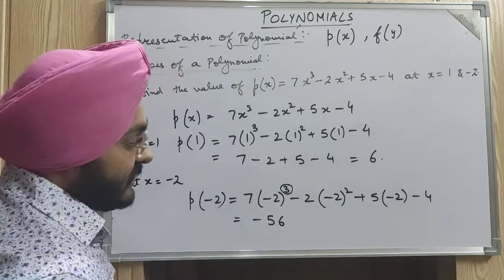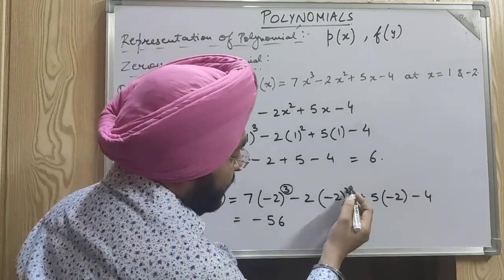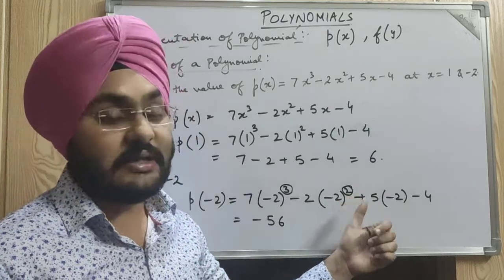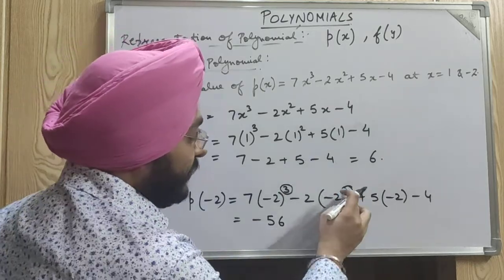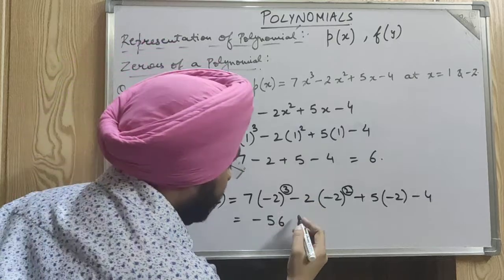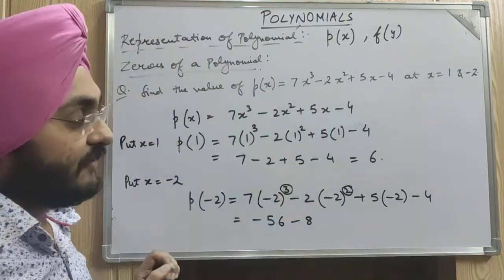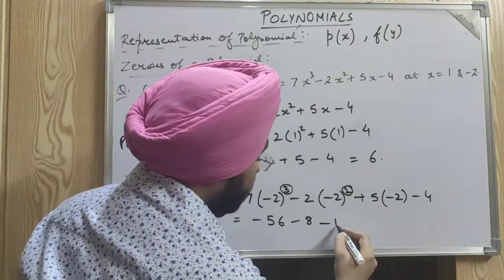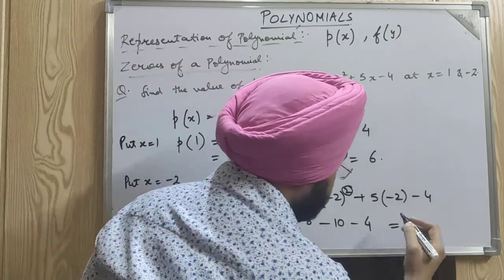minus 56. Now negative, and this one is an even power, so this will be positive. So 2 square will be 4, 4 into 2 will be 8, followed by this negative sign only. Next 5 into minus 2 will be minus 10, then minus 4.